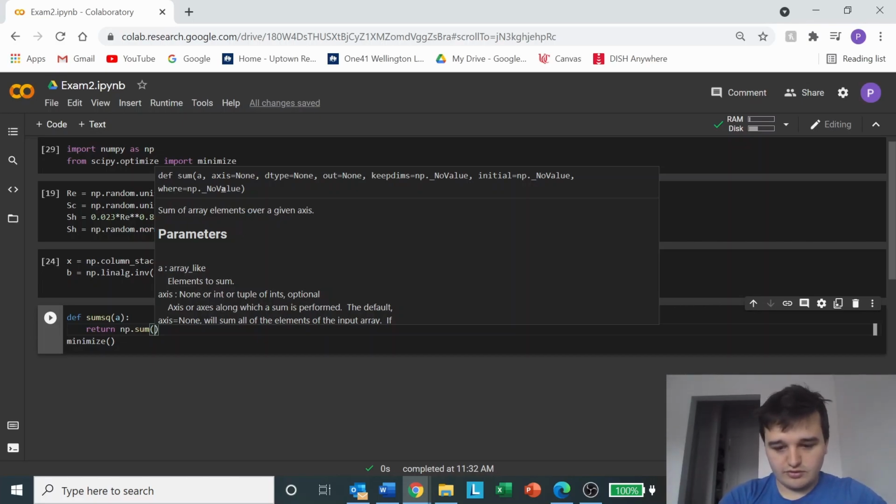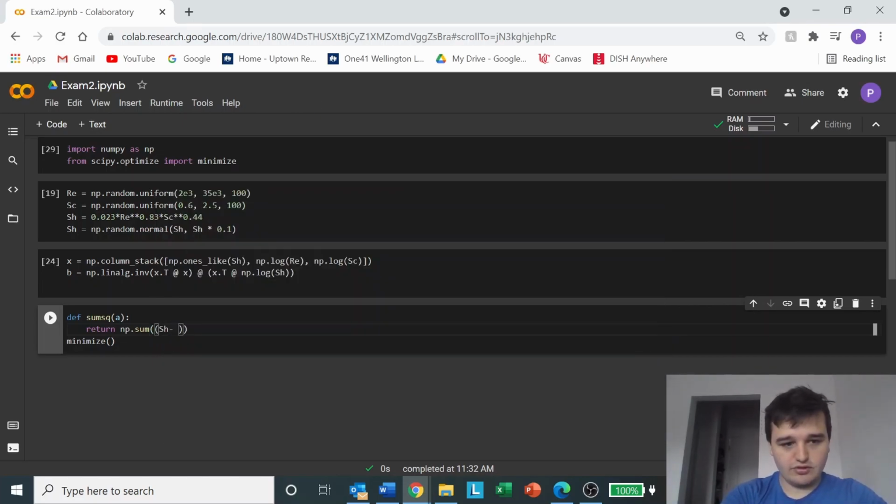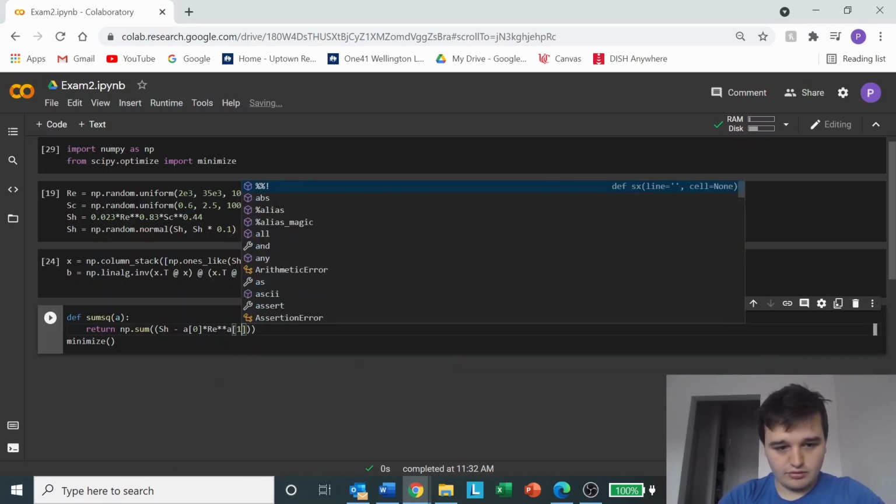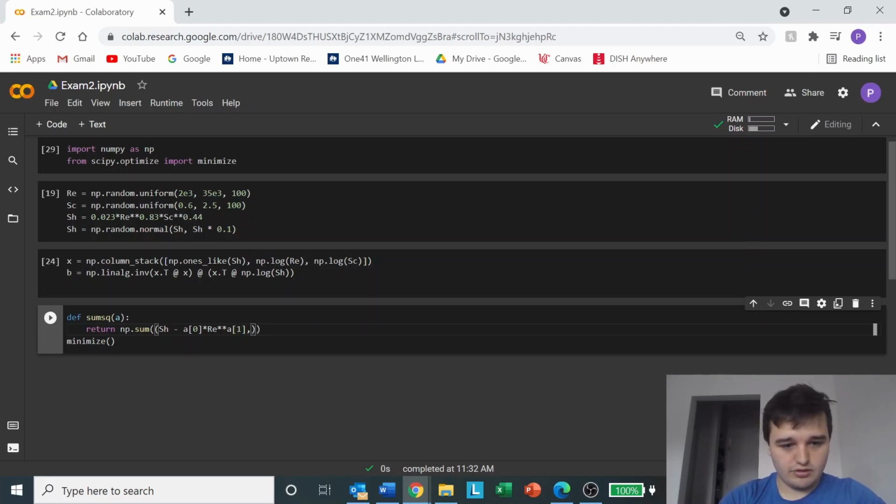So the difference between the Sherwood number, which is, again, that equation, and then from the line of best fit we want to subtract the actual data points, which would be, in this case, I used A, so the first element of A, which would be the coefficient A, times the Reynolds number raised to the second element of A, which would be A[1]. Remember that Python starts indexing at 0, times the Schmidt number raised to the third element, A[2].